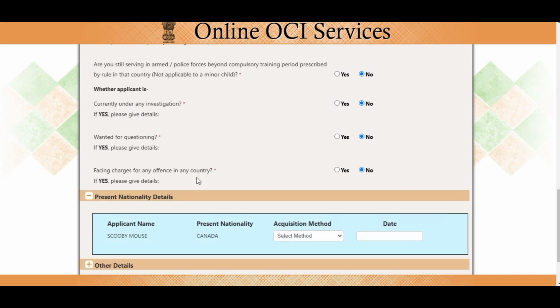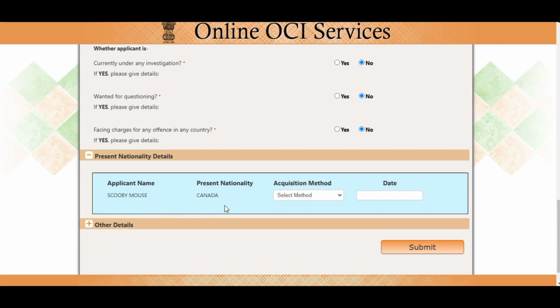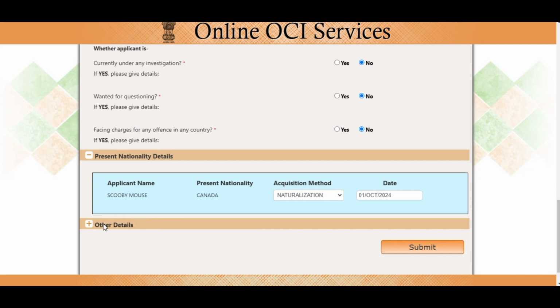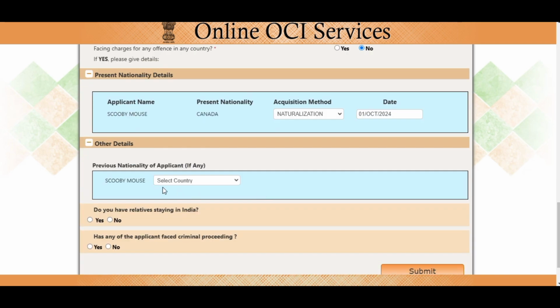Now you need to provide the details of how you received your current citizenship. So you have given the citizenship test and applied, had the oath ceremony to receive your citizenship. That is called naturalization. Select this and provide the date of your citizenship. So let's say I'm selecting 1st October. This person got citizenship. Now click on other details, and you have to provide what was the previous nationality.